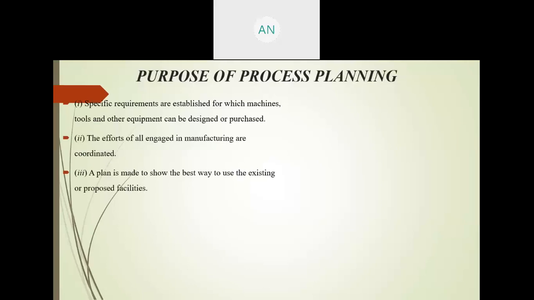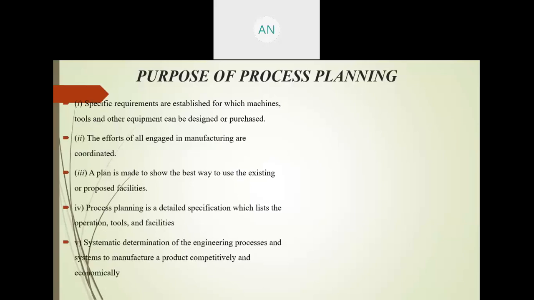Process planning specifies a list of operations, tools, and facilities. Finally, it is a systematic determination. Whenever you are planning, you need some systematic determination: this product is to be used for this purpose. This determination can be done only after proper process planning.